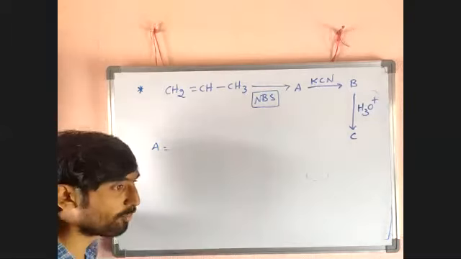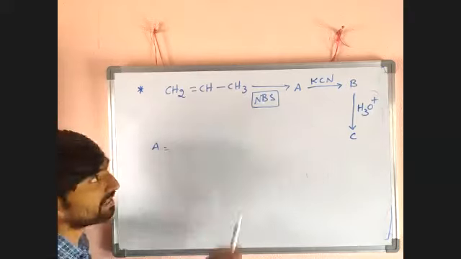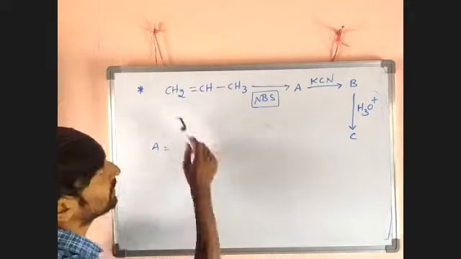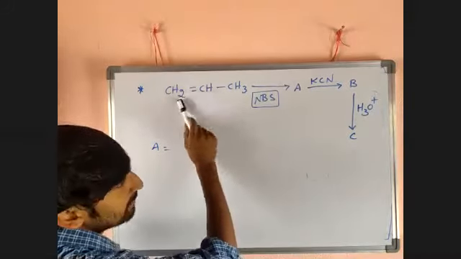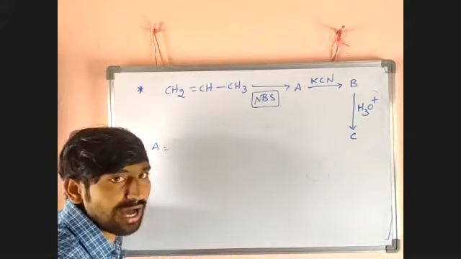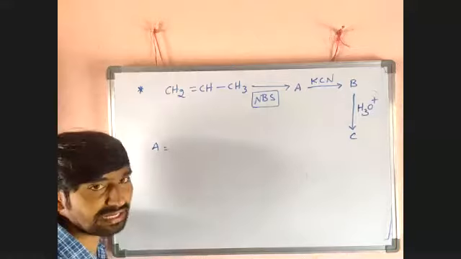It can add bromine at where? Allylic position. NBS can add bromine at the allylic position. Look here, these two are double bonded carbon atoms. Adjacent to the double bond carbon atom, I told you, is the allylic position.